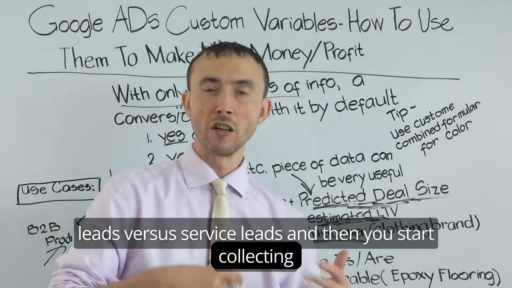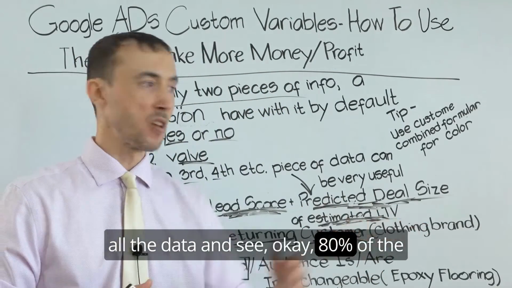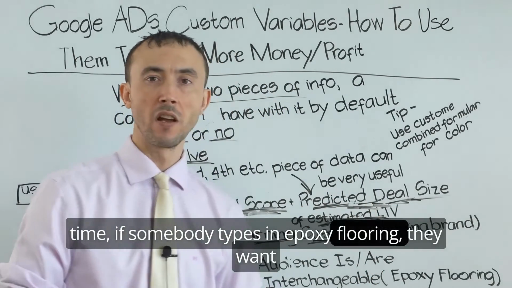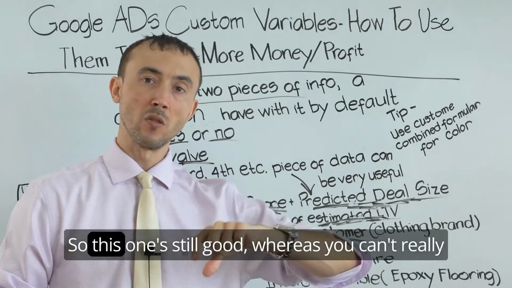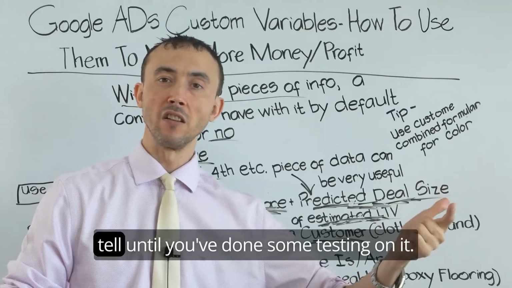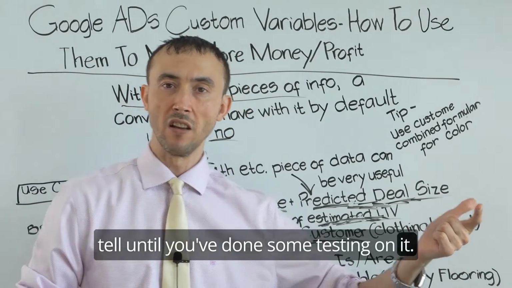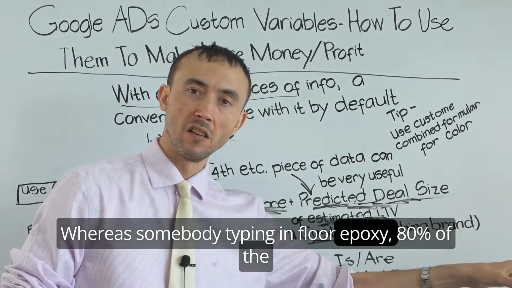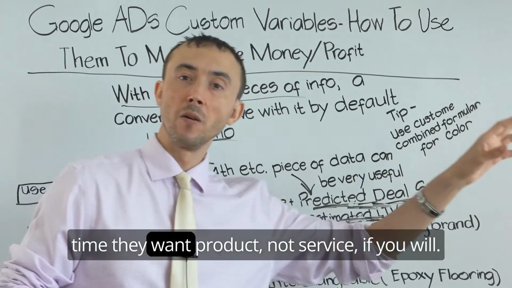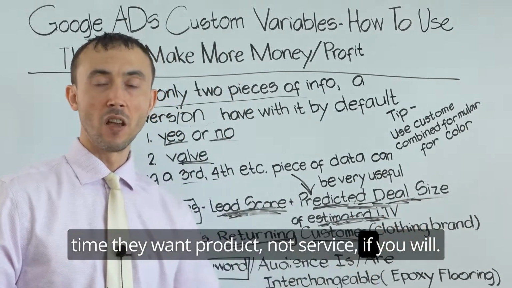And then you just start collecting all the data and see, okay, 80% of the time if somebody types in epoxy flooring, they want services versus products. This one's still good, whereas you can't really tell until you've done some testing on it. Whereas somebody typing in floor epoxy, 80% of the time they want product, not service, if you will.